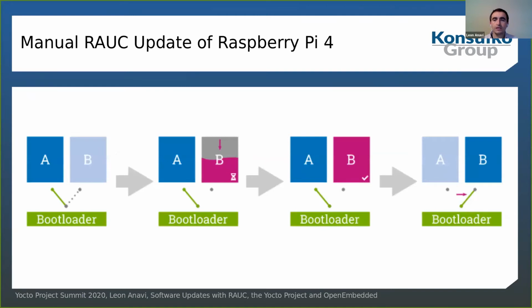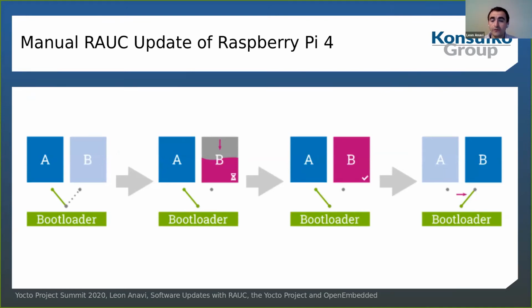This is a screenshot taken from the documentation of RAUC, which, by the way, is excellent documentation, and it explains how things work. So at the beginning, on the first boot, we are booting in partition A. Then when we execute the rauc install command, RAUC takes care of flashing the content of the RAUC update bundle to the B partition.